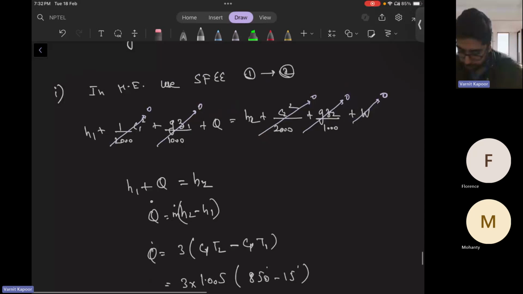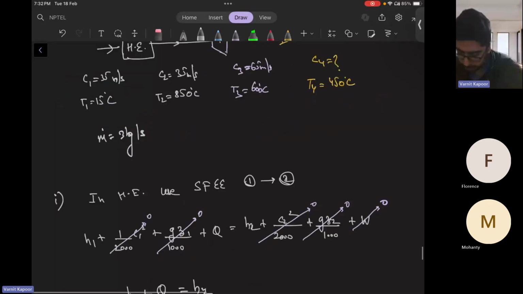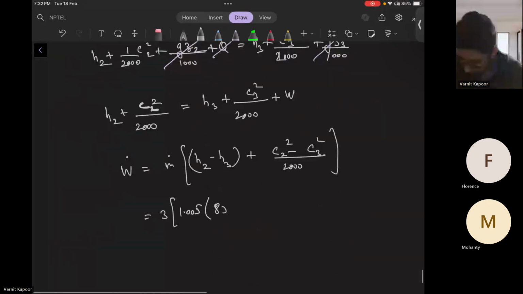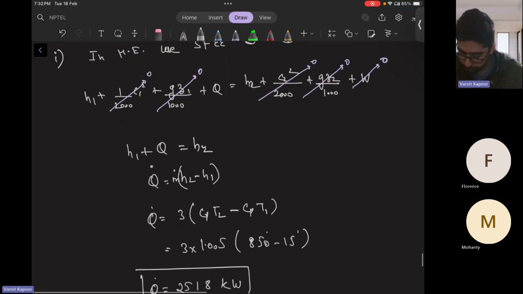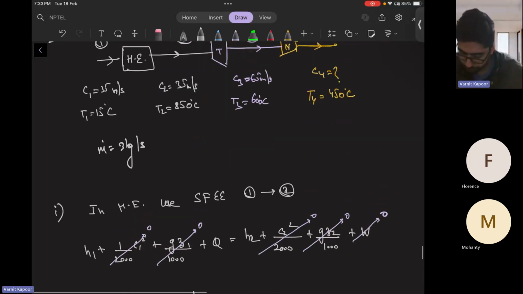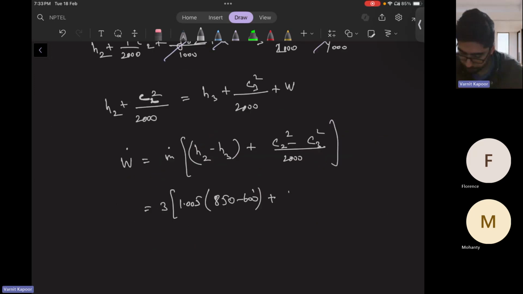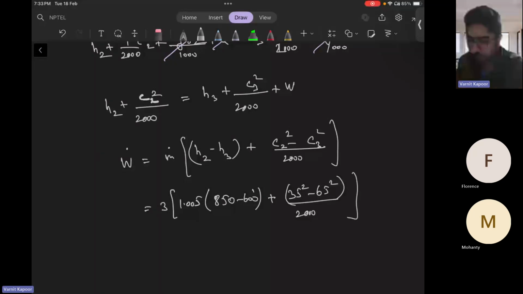So what is H2 minus H3? T2 minus T3 is 850 minus 600, plus what is C2? 35, and C3 is 65. So (35 square minus 65 square) by 2000. Let's solve it. 35 square minus 65 square divided by 2000 is minus 1.5.